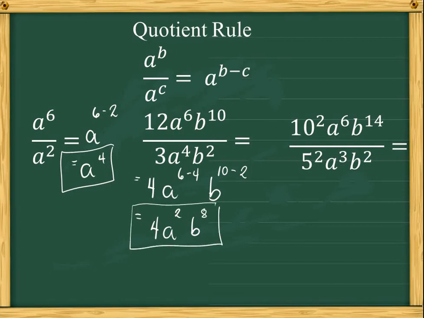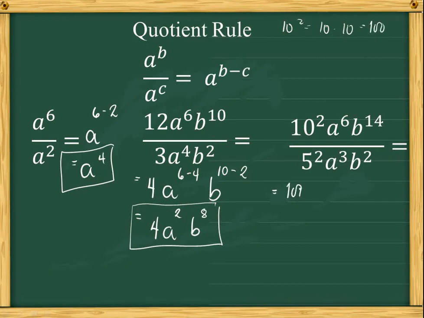Last item, we have here 10 squared, a to the 6, b to the 14th power, all over 5 squared, a cubed, b squared. Now, let's simplify what is 10 squared. 10 squared is 10 times 10, which is 100.